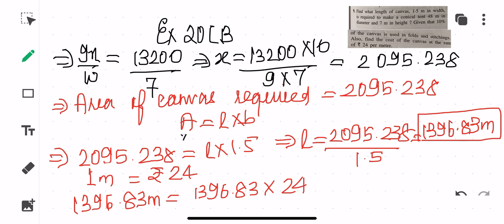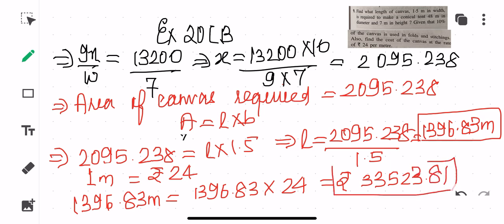So how much is this coming out to be equal to? This is coming out to be equal to 33,523.81 rupees. So this is the cost that is required. So this is a change that you need to make, children. So this is why I just let you know.